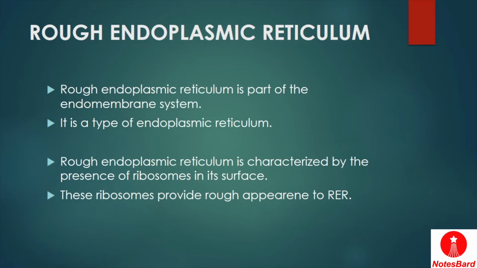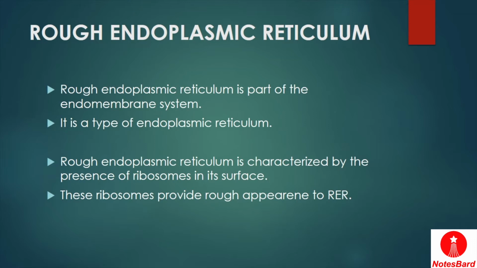Basically the rough endoplasmic reticulum is considered part of the endomembrane system in the cell, and it is also a type of endoplasmic reticulum. As we discussed earlier, both types are differentiated according to their morphology, and the rough endoplasmic reticulum is characterized by the presence of ribosomes in its structure.